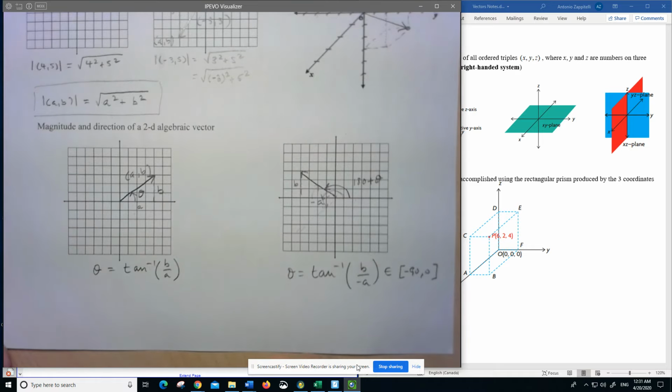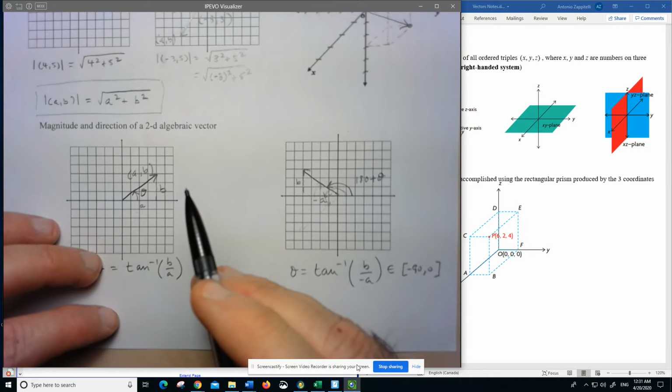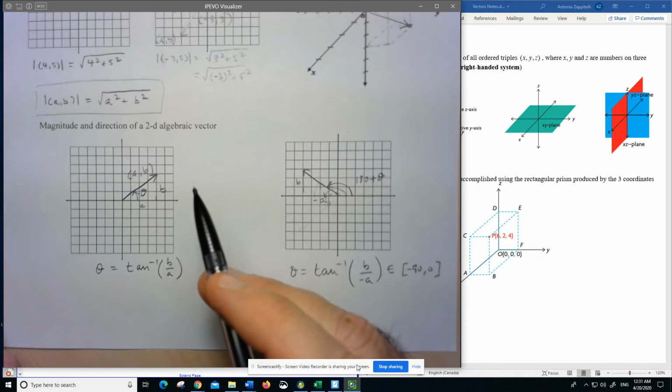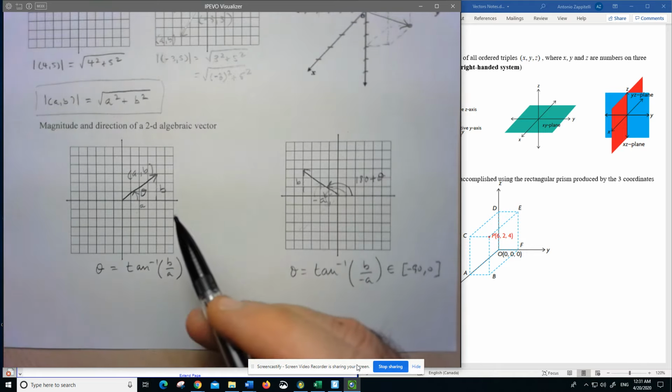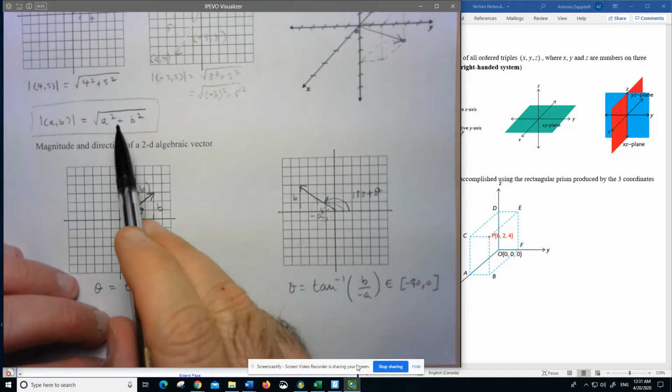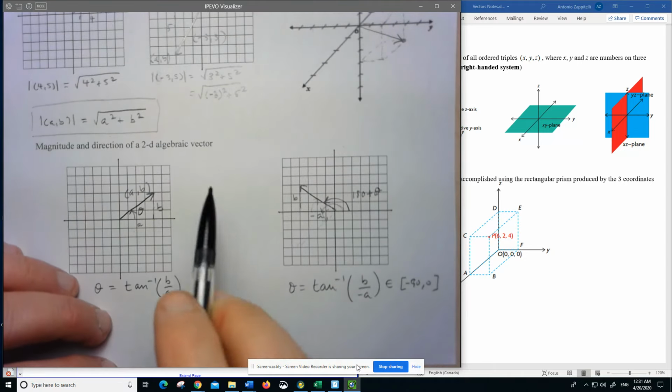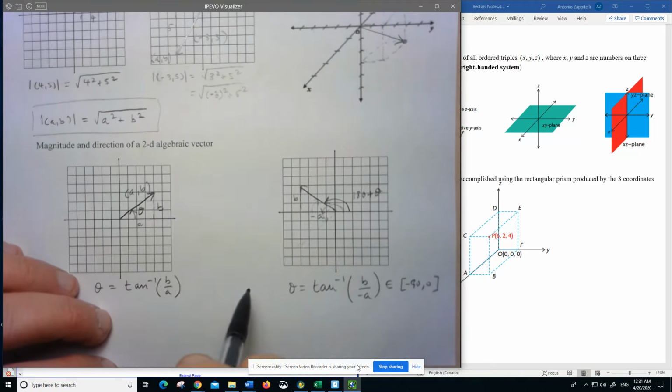So what this tells me, though, is that finding the angle of these 2D vectors given algebraically is a bit annoying for these directions. But again, what I seem to have implied before is that in order to do all those operations that we were doing before, addition, subtraction, scalar multiplication, won't involve having to use this information, okay?